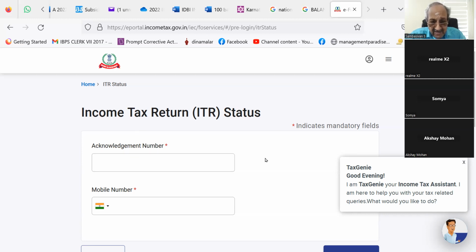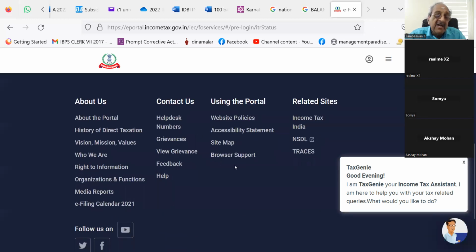You can know the status of your ITR also. If you have filed an income tax return, you are given an acknowledgement number. If you give that acknowledgement number and mobile number, it will tell you what is your status. That's the answer for your question. If you have something else in mind, you can ask. No, sir.